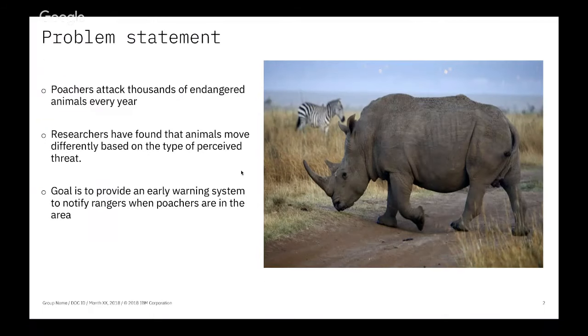So, an overview of the problem statement. Researchers found that certain animals react differently to various disturbances, whether that be a natural predator, a tourist, or a poacher. For example, if a gazelle sees a lion, they'll run away together in a certain formation. But if they detect a person that they feel threatened by, they'll scramble and zigzag out in multiple directions.